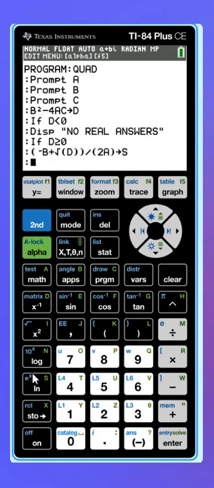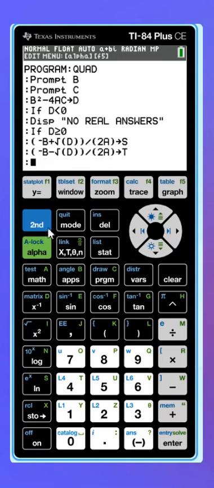I'm going to do the same exact program, but now instead of plus, it'll be minus the square root of d divided by 2a. And I'm going to store that to a different variable, so we'll just say t. Negative b plus the square root of b squared minus 4ac all over 2a. Perfect.